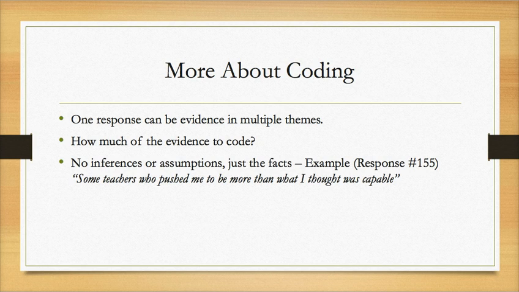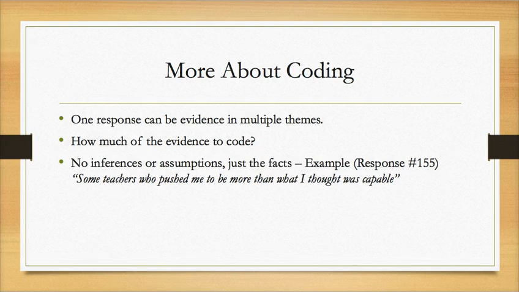So for example, if the respondent's thought was that in return, I want to push others to reach their fullest potential, then that would be a great response. However, the problem is that's not what the evidence says, right? So if the evidence doesn't say that, we can't assume that and come up with a theme or code.